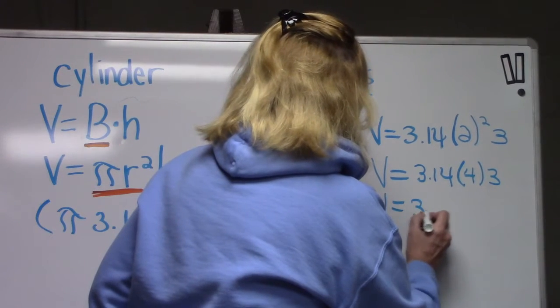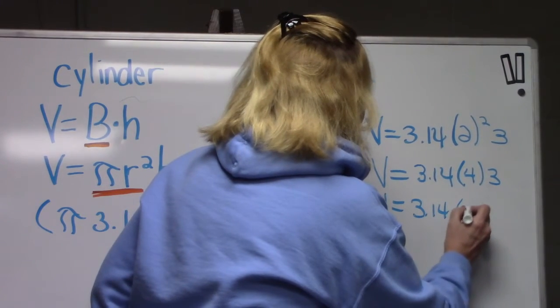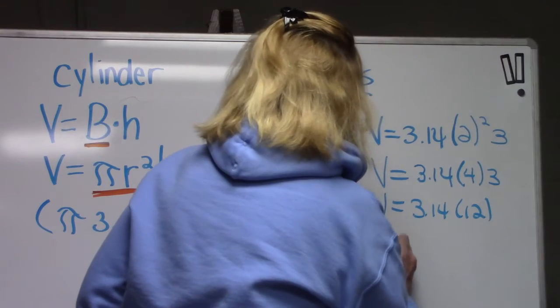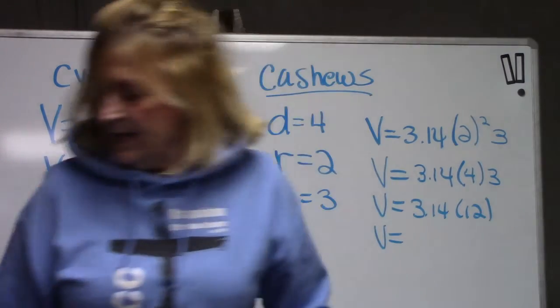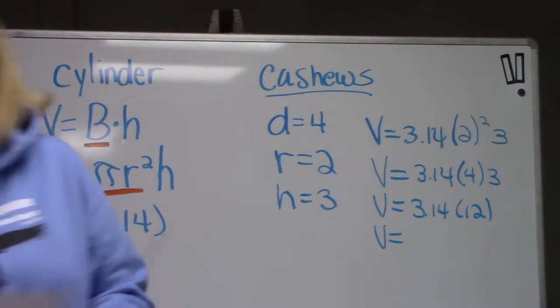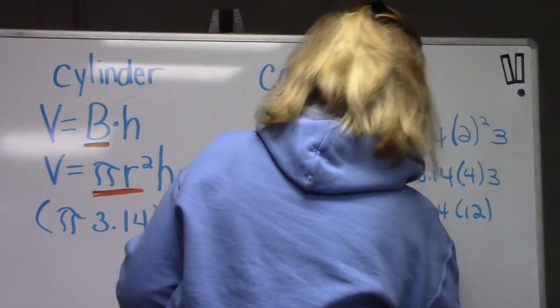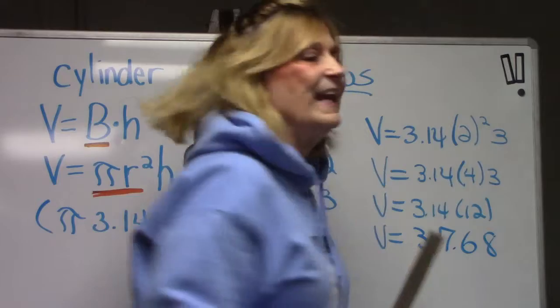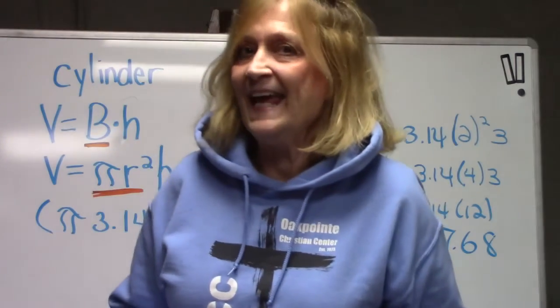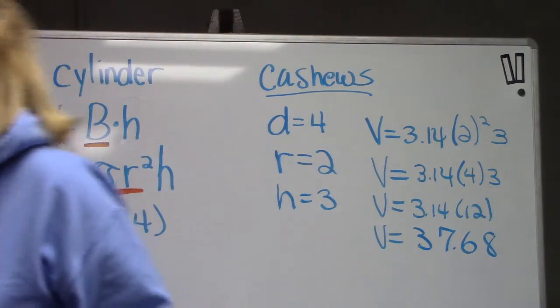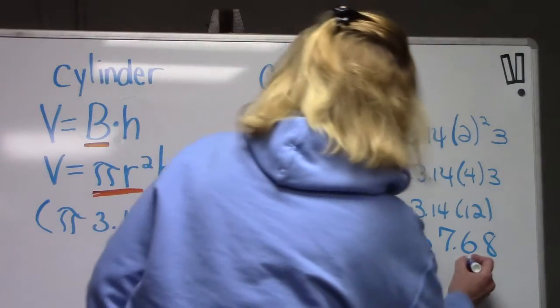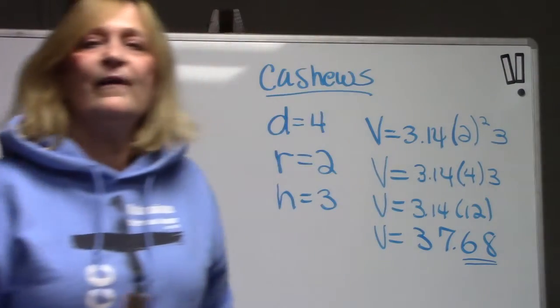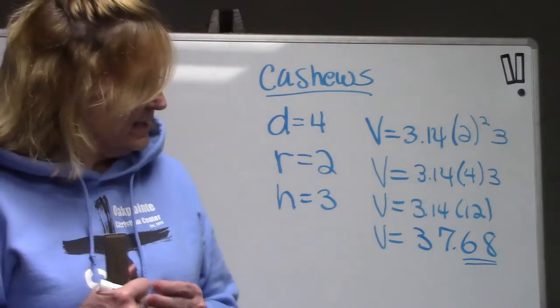Volume equals 3.14 times 12. Or volume equals, and I've got it written down here, 37.68, and we are going to round to the hundredths column, so 2 places in. And that would be for our first cylinder.